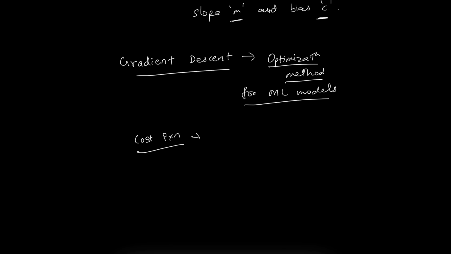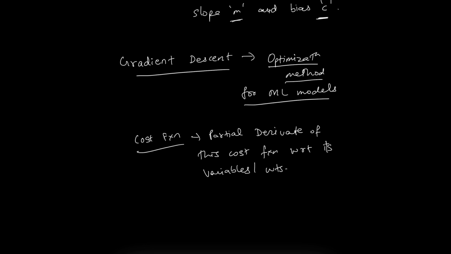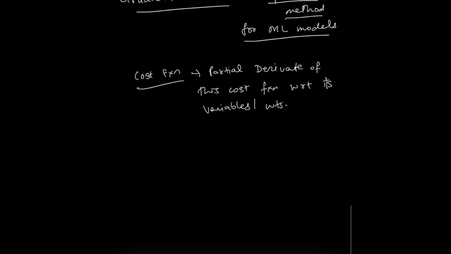It takes the partial derivative of this cost function with respect to its variables or weights. Basically, here it's going to take the derivative with respect to m and c.